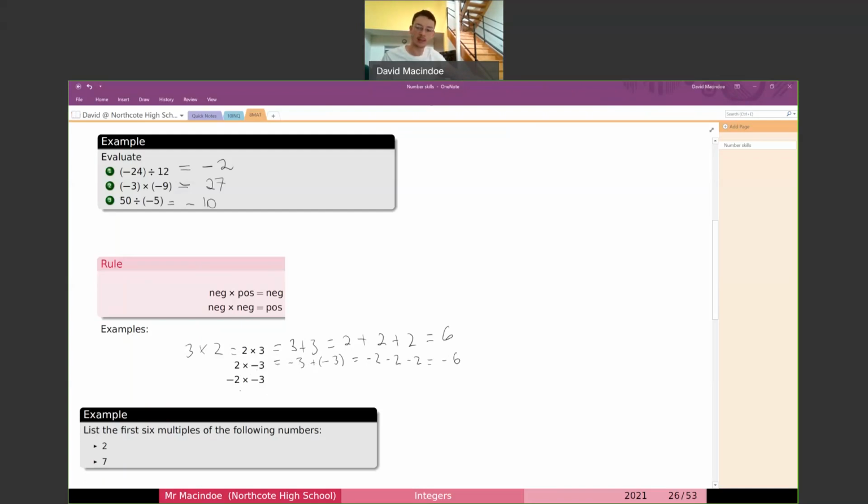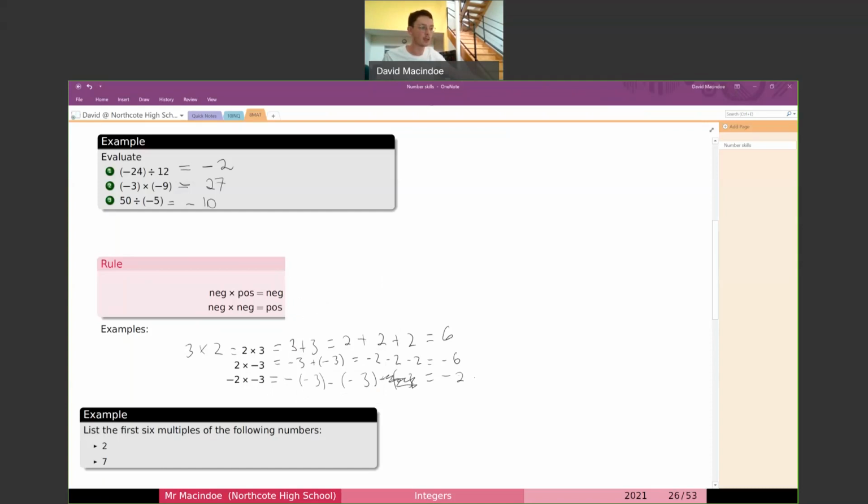Now the weirder case still is where you get two negatives making a positive. Well, now it's like I've got 3 lots of -3, but I'm subtracting them each time. So it'll be like take away -3, take away -3. Or alternatively, the other way, you're taking away -2 3 times.